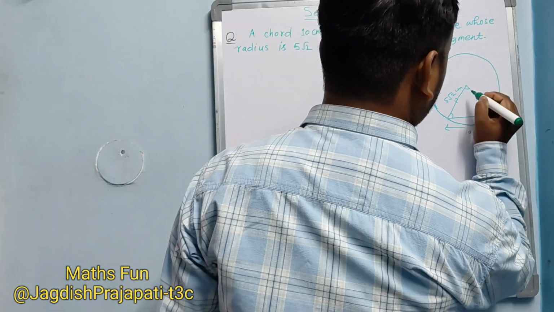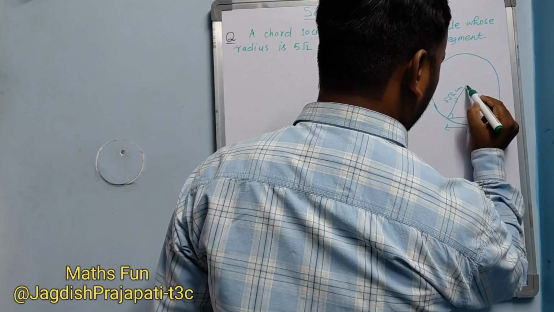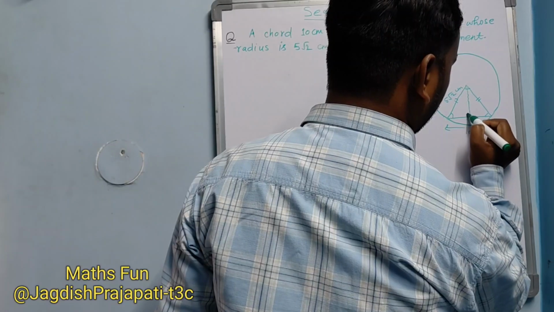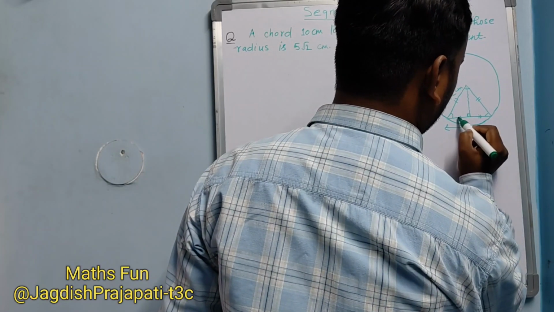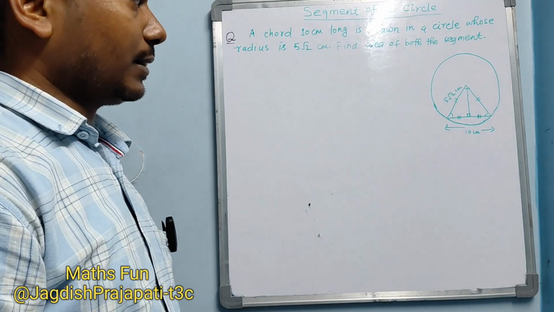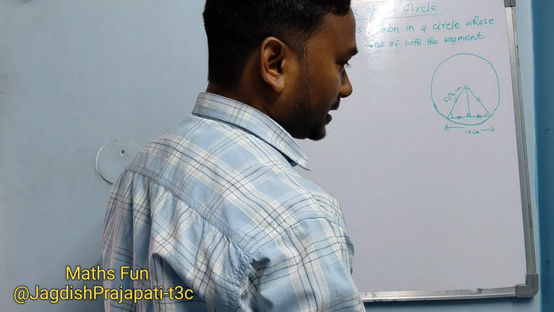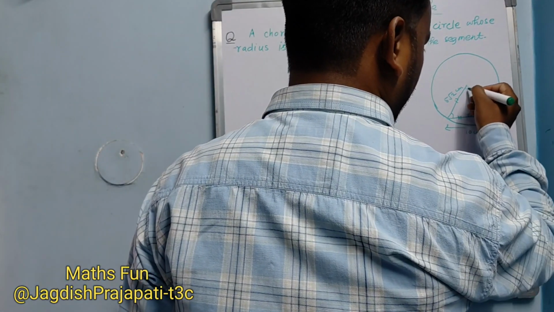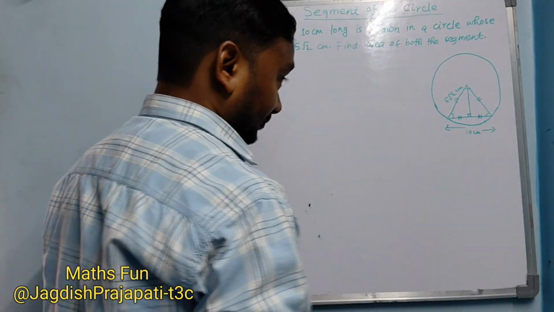So since these two sides are equal, the perpendicular drawn to the opposite side will make it into two equal halves. So this segment and this segment will be equal. This is 90 degree since we have drawn a perpendicular on the opposite side.